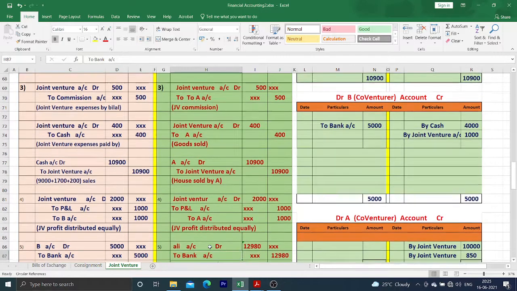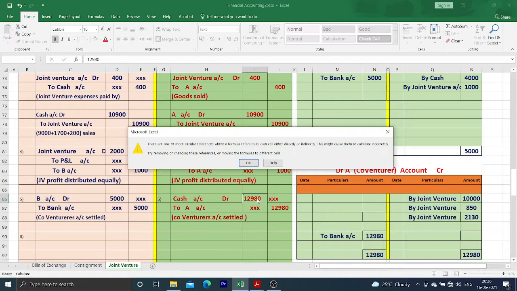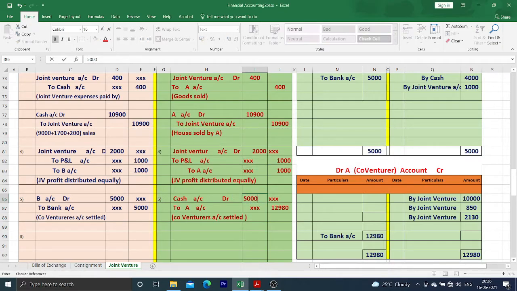So amount paid, amount received from cash account return, A account 5,000. Co-venturer account is settled. Right.